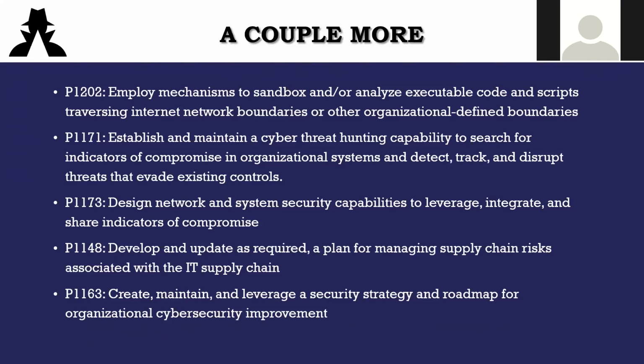Design network and system security capabilities to leverage, integrate, and share indicators of compromise. Develop and update a plan for managing supply chain risk. Supply chain risk is a big one. Create, maintain, and leverage a security strategy and roadmap for organizational cybersecurity improvement. That's more at the CISO level. And as you develop into the 4 and 5 maturity progression compared to capability, this will become important.